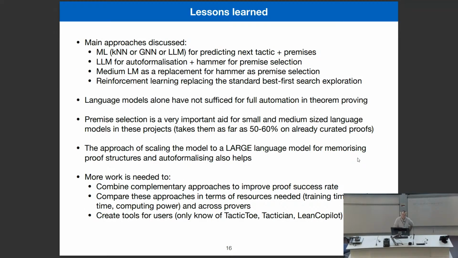Okay, so lessons learned. For me, after reading the literature, I see that language models were not enough for full automation in theorem proving. What often makes next step suggestion models perform very well is when authors tackle the premise selection problem, which takes them as far as 50-60% of their own benchmarks.